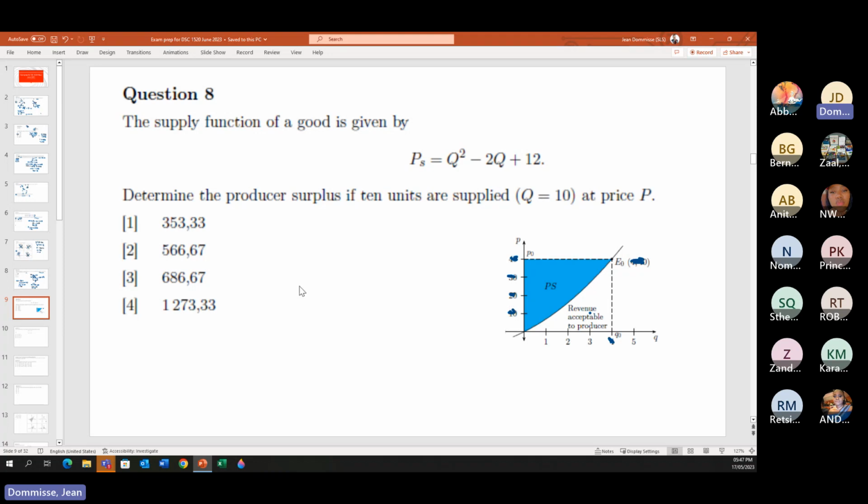They want us to determine the producer surplus if 10 units are supplied. So we know that Q will be equal to 10. If Q is equal to 10, what will the price be? What will be the easiest way to work out the price?